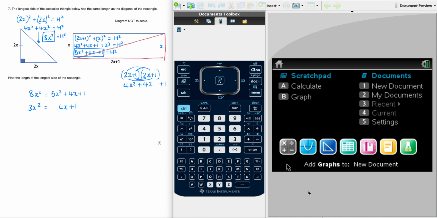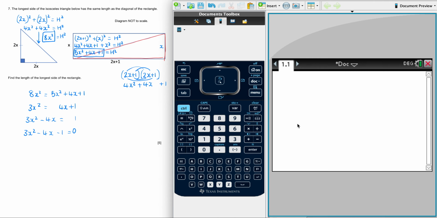Then if I subtract 4x from both sides, 3x squared minus 4x equals the 1. And then if I subtract the 1, 3x squared minus 4x minus 1 is equal to 0. That leaves me with a quadratic that I need to solve.